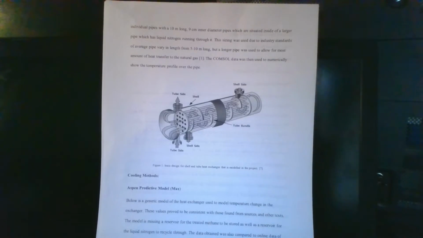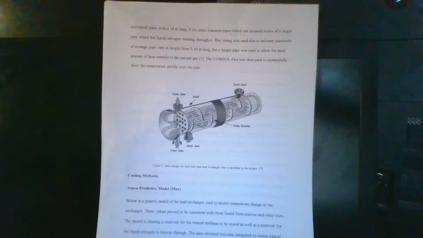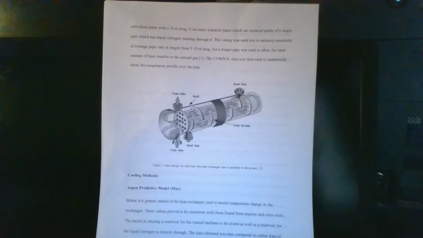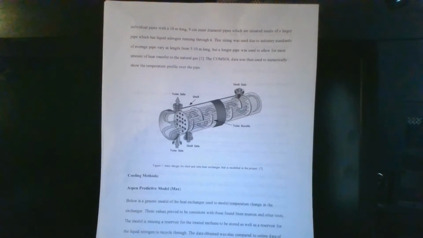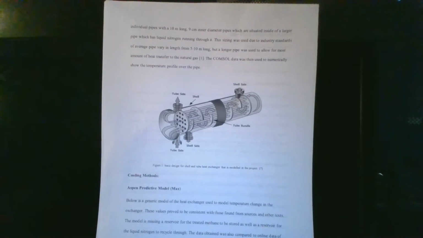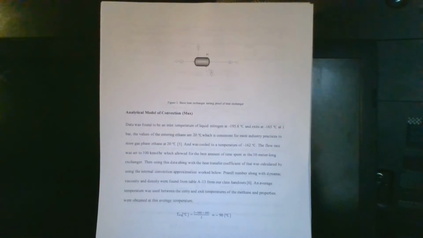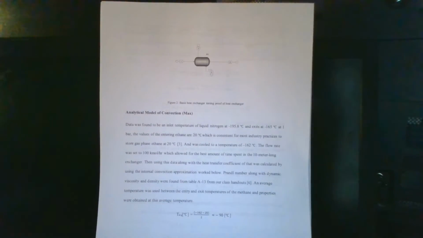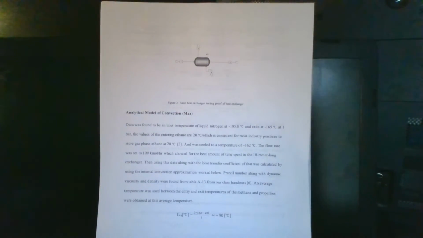This is not exactly what is used in industry, but it gave a good assumption of what the general application would look like. To begin the cooling model, I ran the Aspen predictive test inside of Aspen with this heat exchanger right here, and I used liquid nitrogen to cool incoming natural gas, which in this case was assumed to be methane.